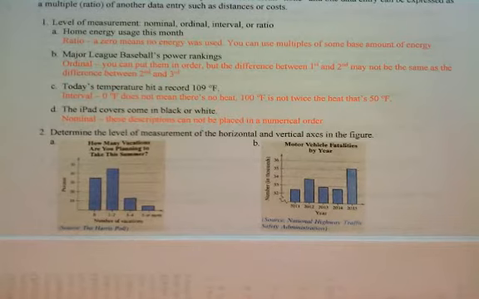Now, before we go over the answer, let's look at the second graph. Here we have motor vehicle fatalities by year, numbered in the thousands. So that means the 32 actually represents 32,000, 33,000, 34,000, and so forth.